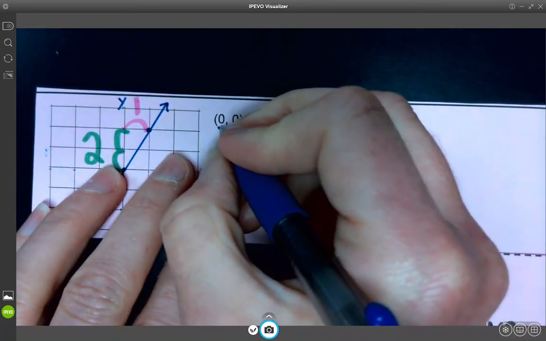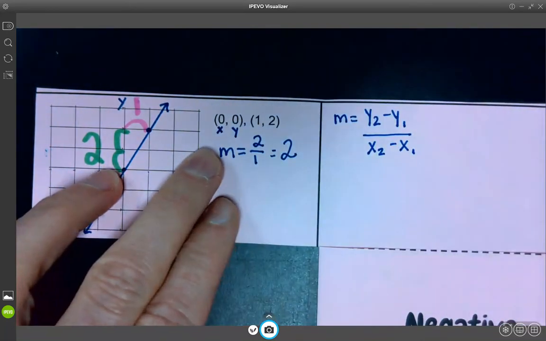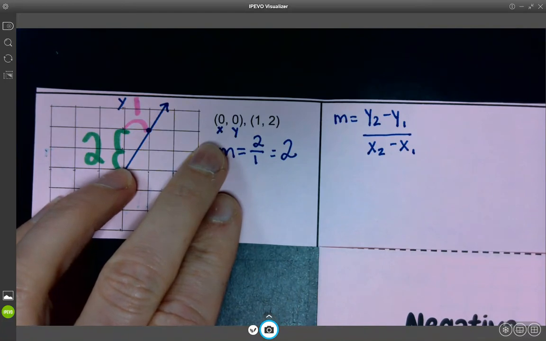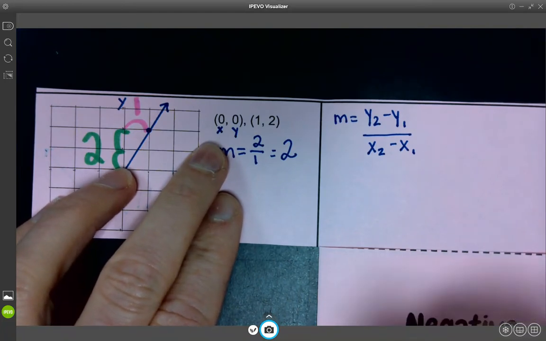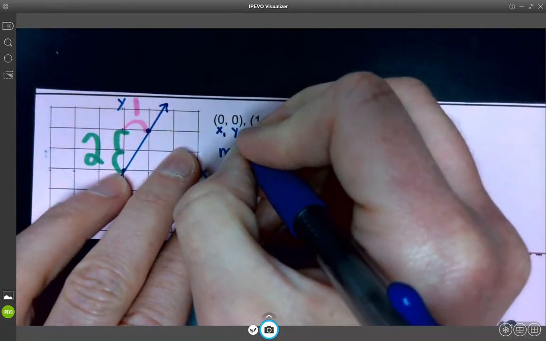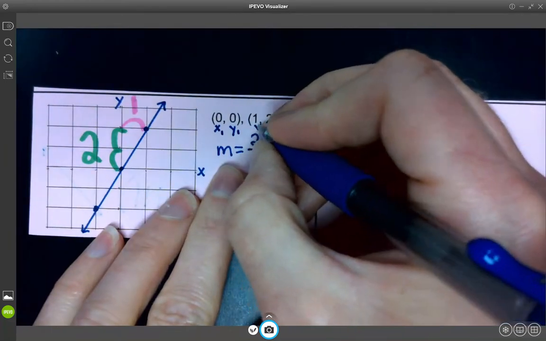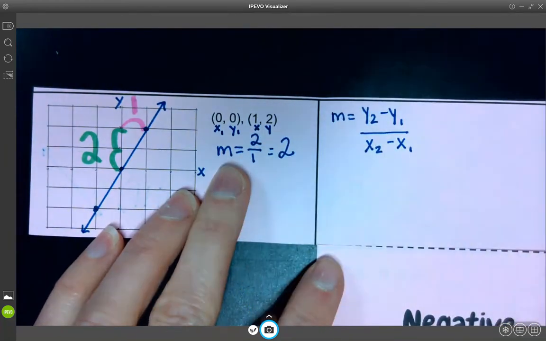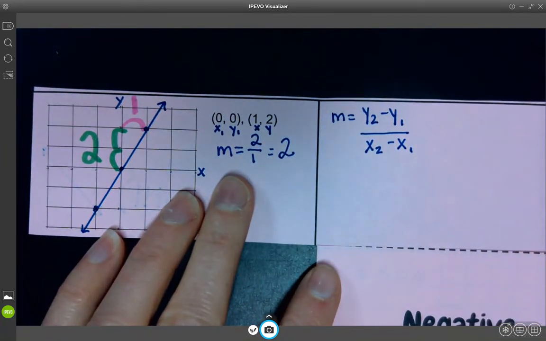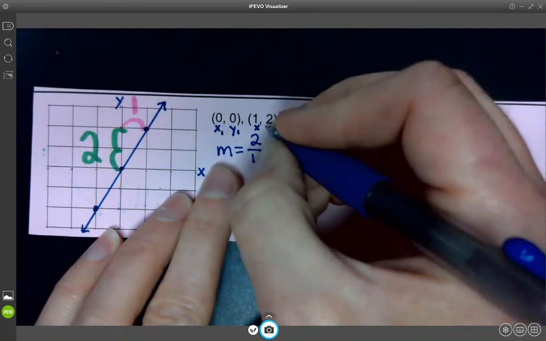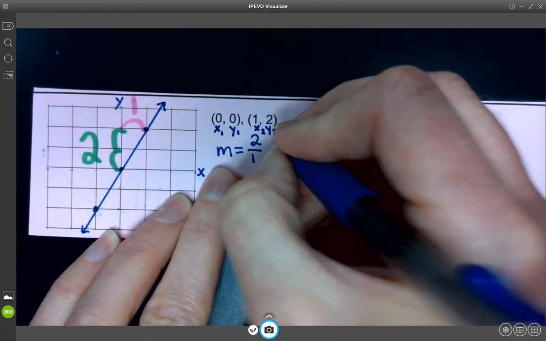So it's an x and a y. Go ahead and label them x and y. But because it's our first pair, we'll put ones right beside them. So that's x1, y1. And so our other one, we have an x and a y again, but we're going to label it with 2's. X2, Y2.